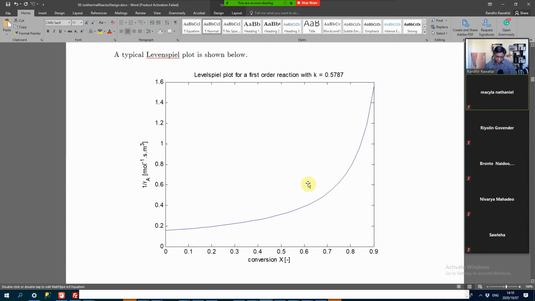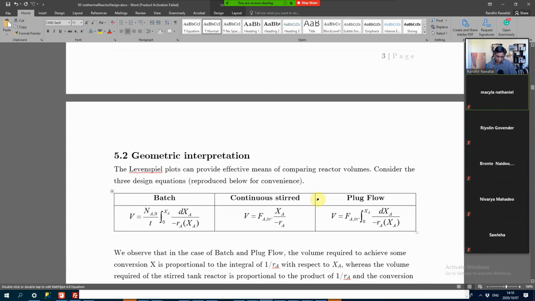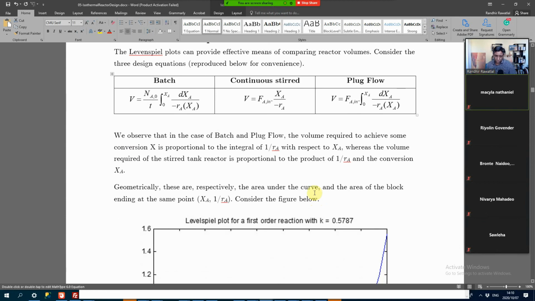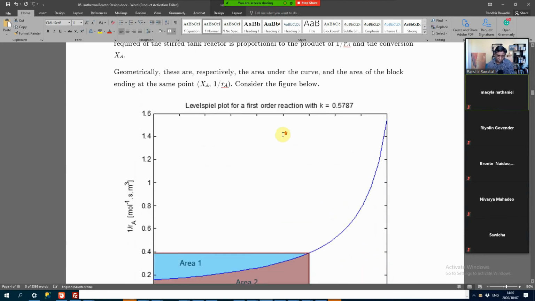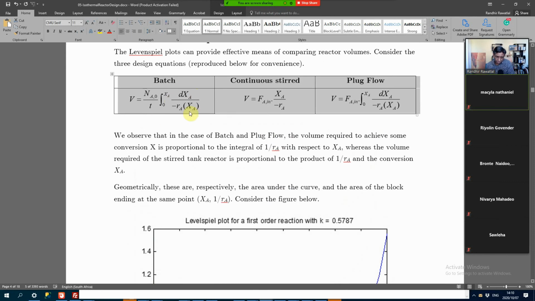So that's your Levenspiel plot, and then let's see now what we can do with that plot. So here I'm just repeating what we already said, right? The same volume equals the Levenspiel type things. And so let's think about the batch case. So we are interested in this integral.